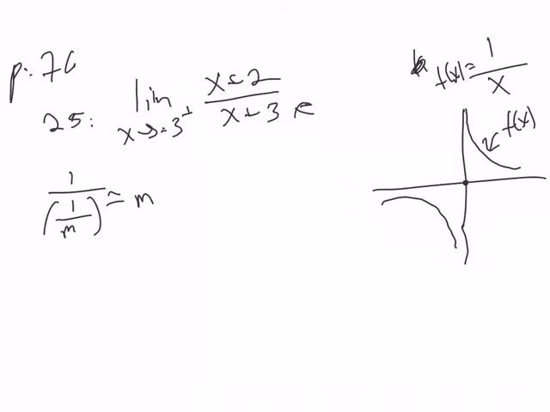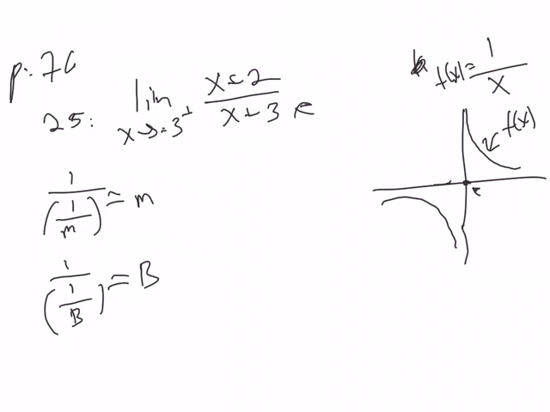And then you get even smaller, 1 over a billion. This would be, let's say, right here. If you're going to have 1 over a billion here, then when you plug it into your function, you get a billion.